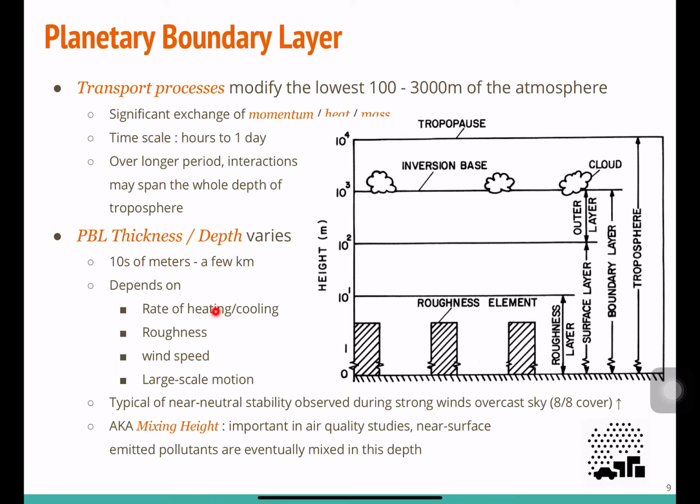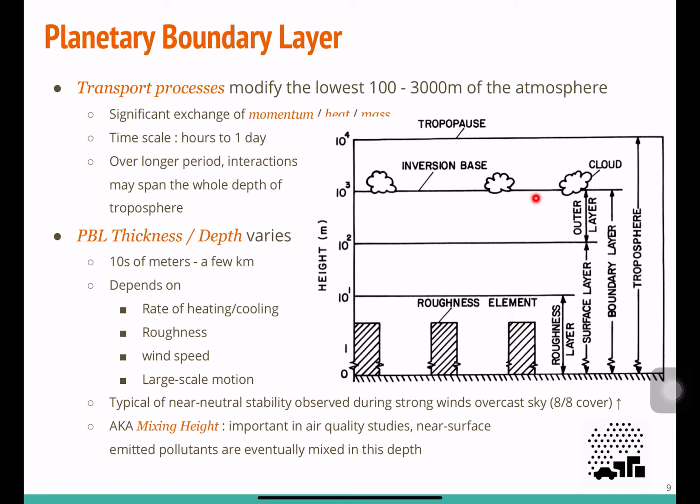And it depends on, of course, the rate of heating and cooling at the surface, and then the roughness, and also wind speed, and then also the large scale motion, which is driving the smaller scale turbulence, okay? And here, we are just showing you the near neutral stability. Okay, if you have studied for 4200, we have talked about stability in our atmosphere, right? Don't worry about this. We will have a little revision in this course.